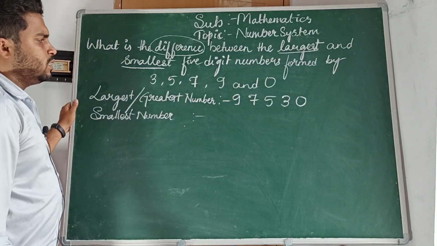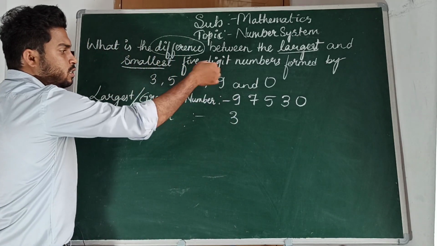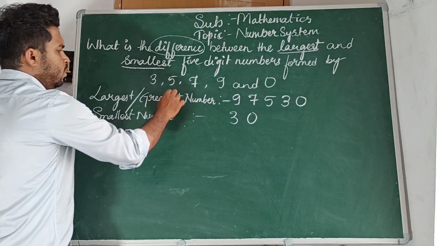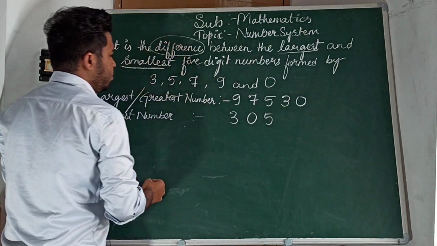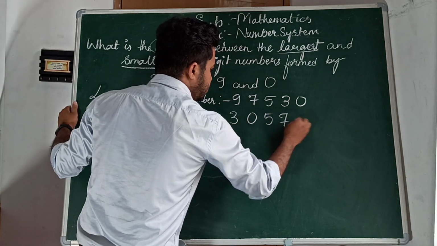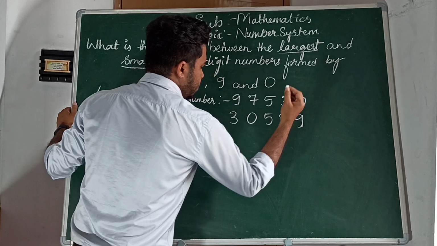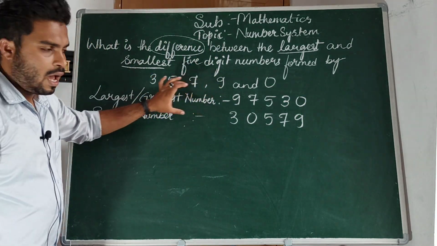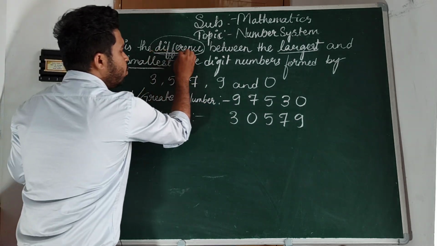Which is the smallest? First 3, then 0. You can take 0 here, then 0, then 5, then 7, then 9.